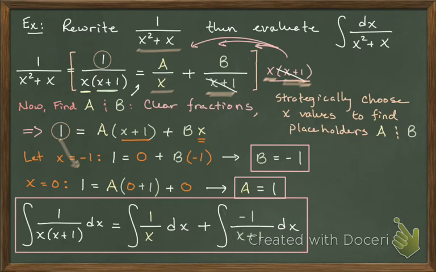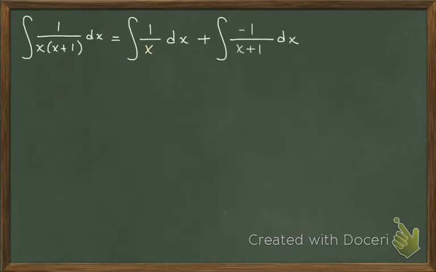Okay? So I take that decomposed fraction and I integrate everything with respect to x, and that's going to give me the integral of my original fraction. Okay? I'm going to slide over to the next slide here and integrate. I've got 1 over x dx. That integral should become natural log of absolute value of x plus the integral of minus 1 over x plus 1.